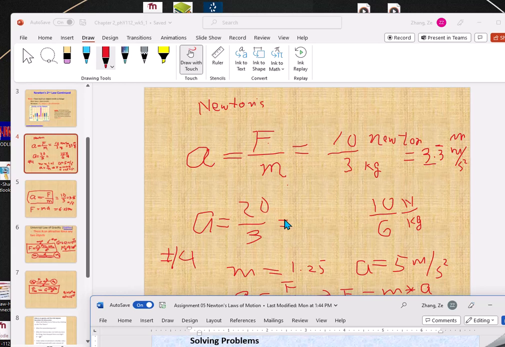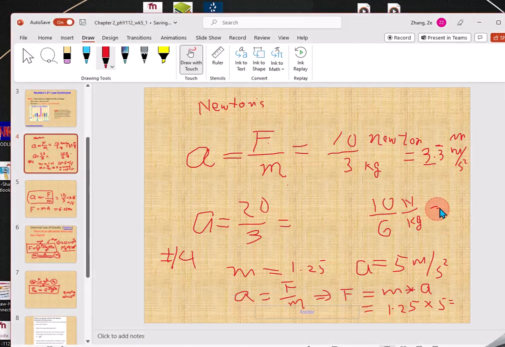Now, instead of 3 kilograms, if I say it's a bigger mass, a 6 kilogram object, then you will have 10 divided by 6, and you will get 1.6 roughly, 1.66. You do the math. Meters per second squared.